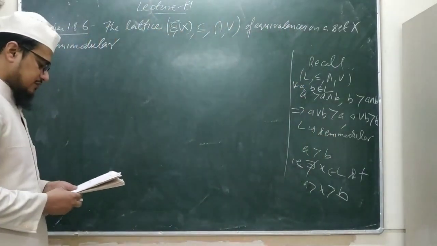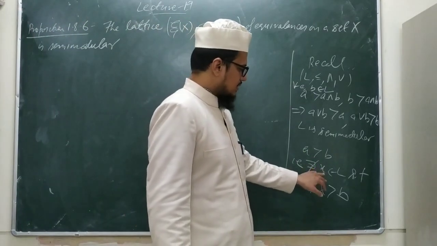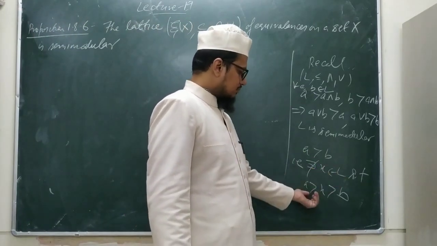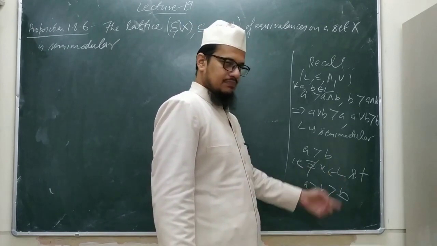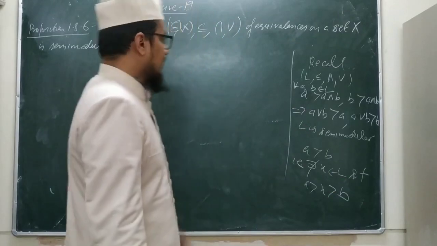So this is the definition of the cover, isn't it? We say that A covers B if there does not exist X belonging to L such that A is greater than X and X is greater than B, correct? And this is the definition of semi-modular lattice. Now we have to prove it.